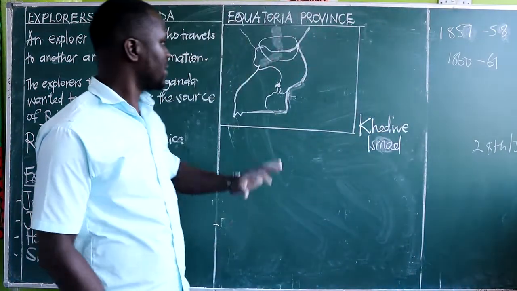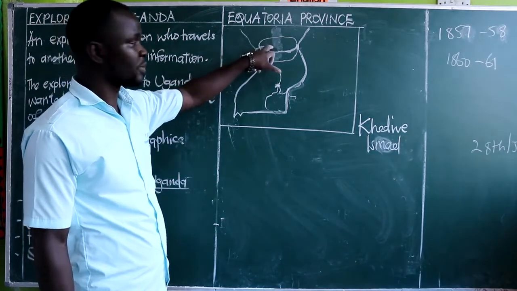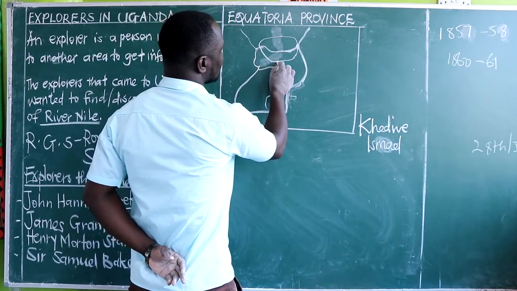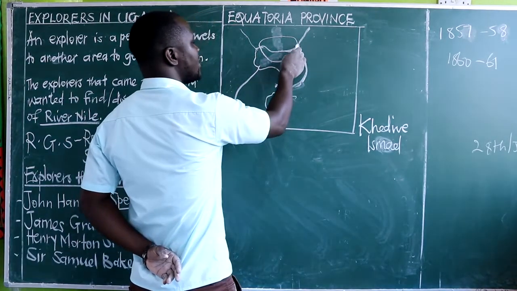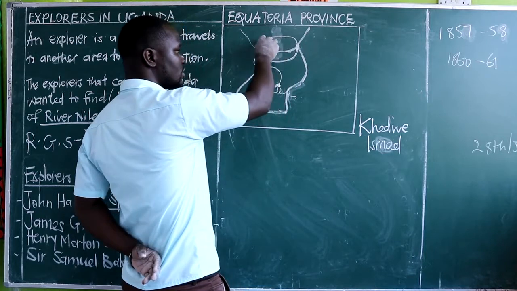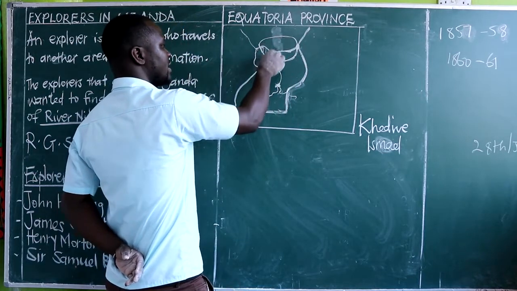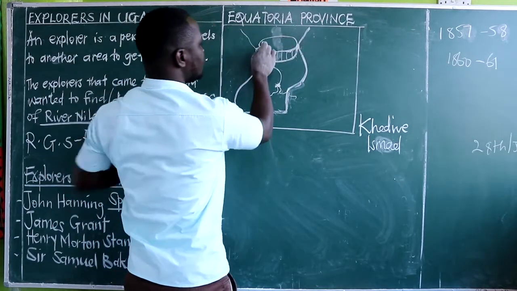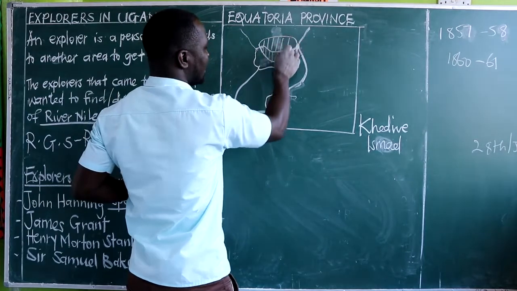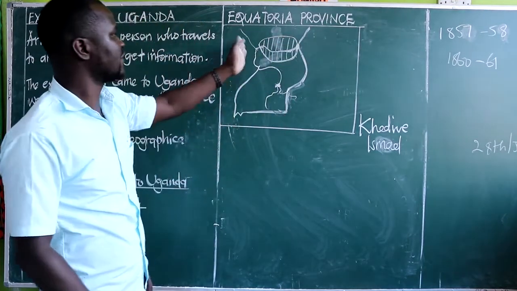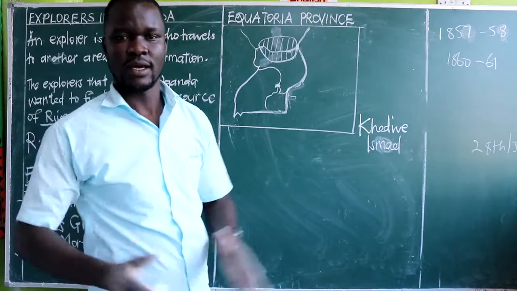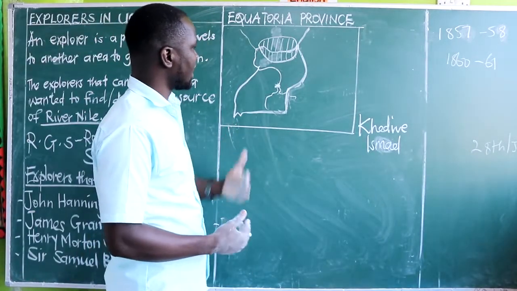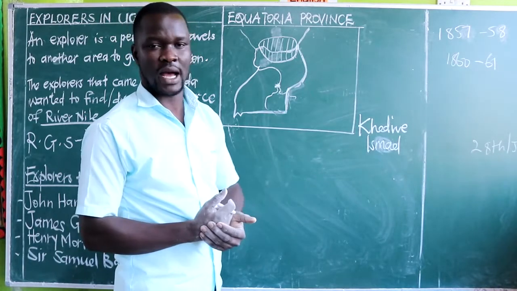So what we mean by Equatorial Province was the area which was made up of the northern part of Uganda and the southern part of Sudan. This is the northern part of Uganda, whereas this part is the southern part of Sudan. By that time, this country was known as Sudan. It was a very large country. It was not yet divided as it is today, as we have now South Sudan as also an independent country.